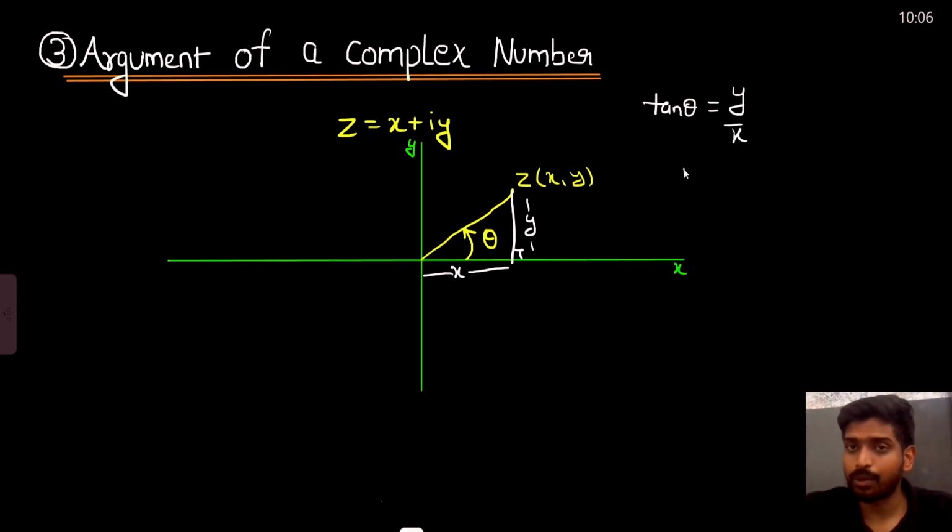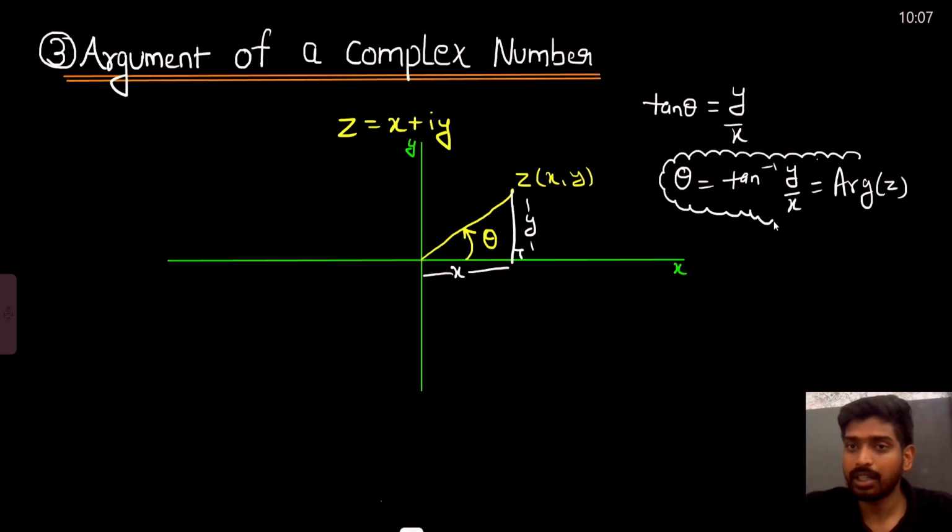So the value of theta is tan inverse of y by x. This only is known as the argument of complex number z. So the argument of complex number z represents the angle made with x-axis. Got it?